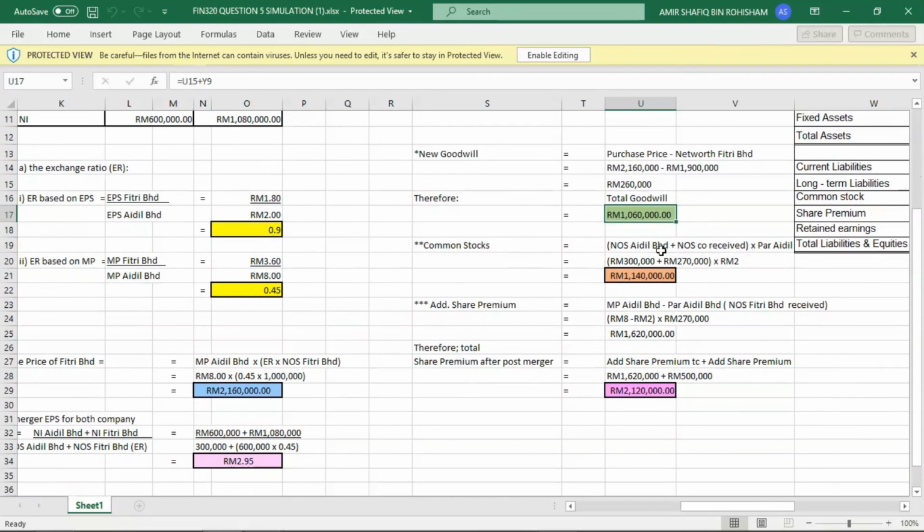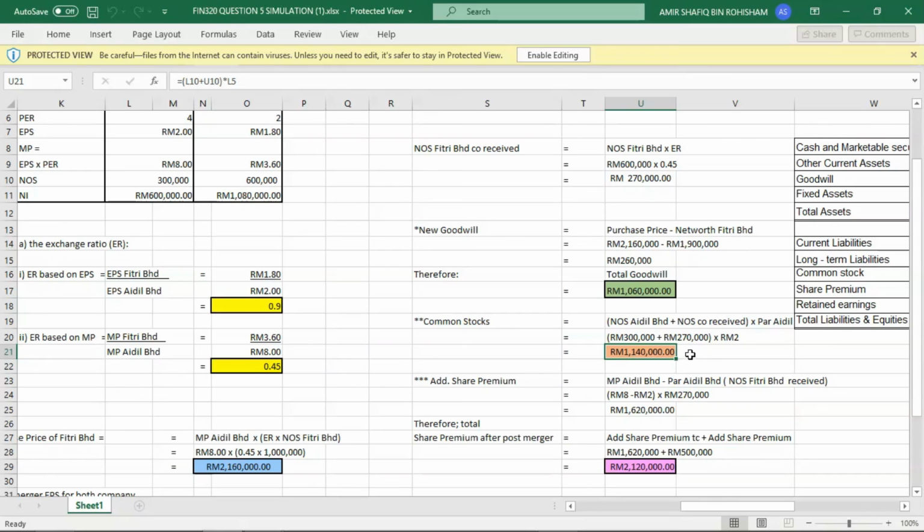For common stock, we will use NOS Aidil Berhad plus NOS received, times par of Aidil. The number is 300,000 plus 270,000, and we times that by 2 ringgit, which is 1,140,000.